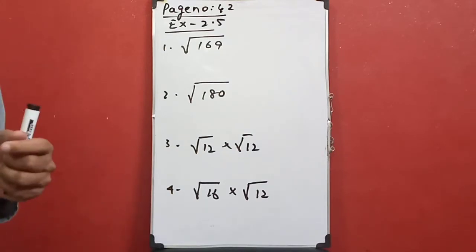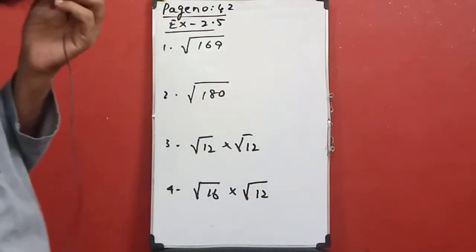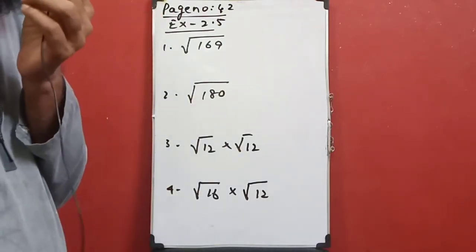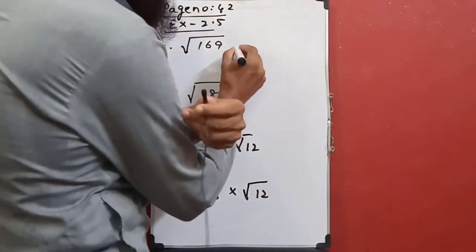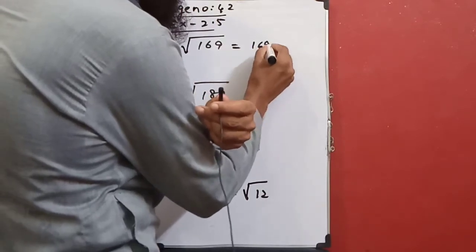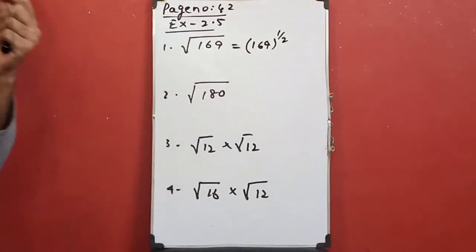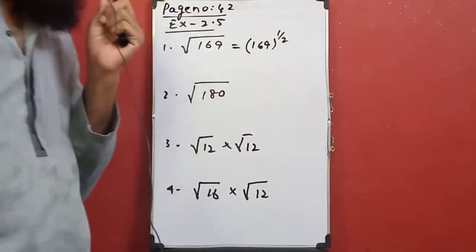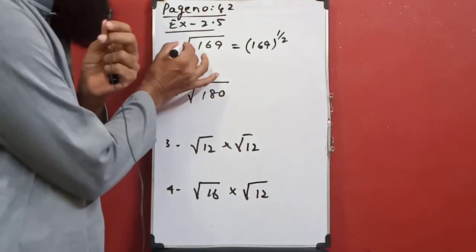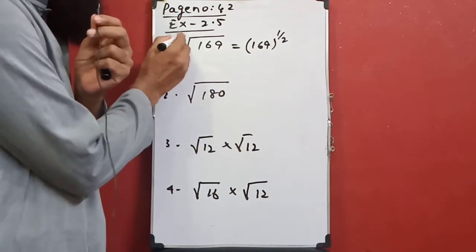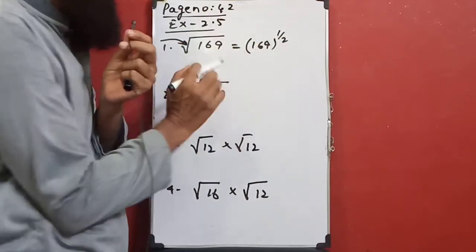Simply, first we change the radical sign into the exponent form. We eliminate the radical sign and change it into the exponent. There is no number, that means here 2 is present always. The exponent is 1 upon 2.